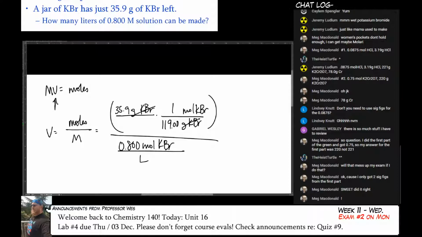It would be liters over 0.8, but we saw that the units cancel out when I do that. So I'm just going to punch the numbers in as shown. 35.9 divided by 119. That result divided by 0.8. So with the remaining quantity of KBr in the jar, I could make, at most, 377 milliliters of 0.8 molar solution if I used all of it. I could use less and still get a 0.8 molar solution.